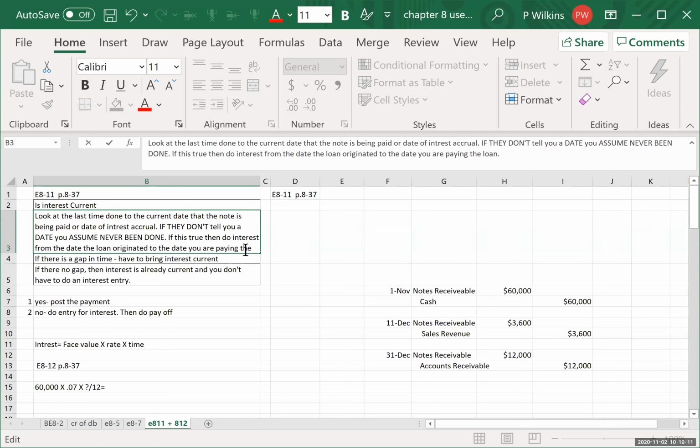If this is true, then you do the interest from the date the loan originated to the date you are paying the loan. If it was done, go from the last time done to the date of payment or accrual. Okay.